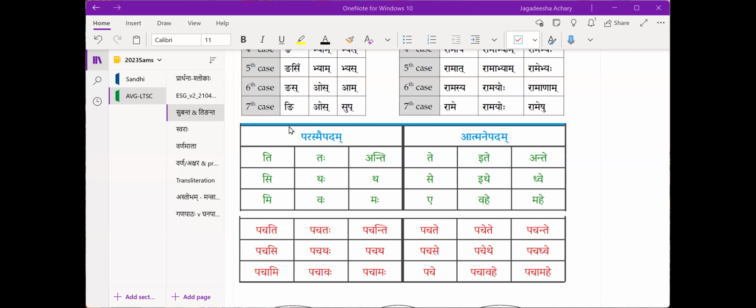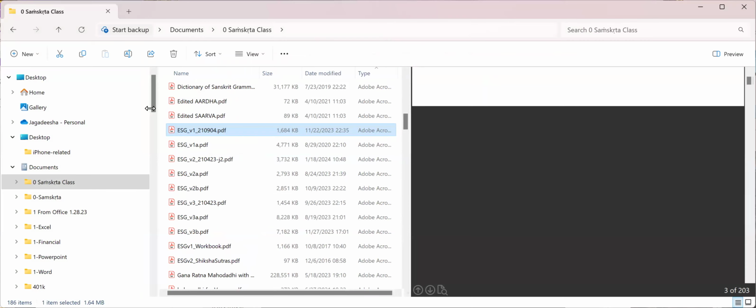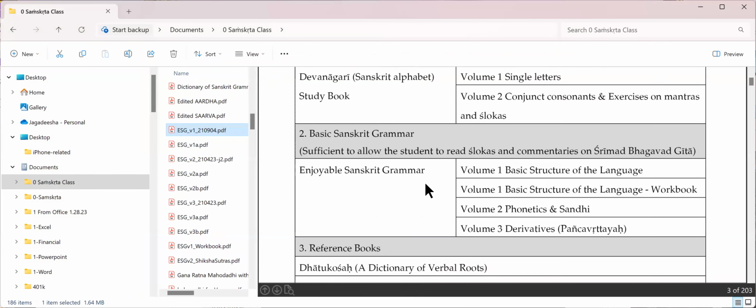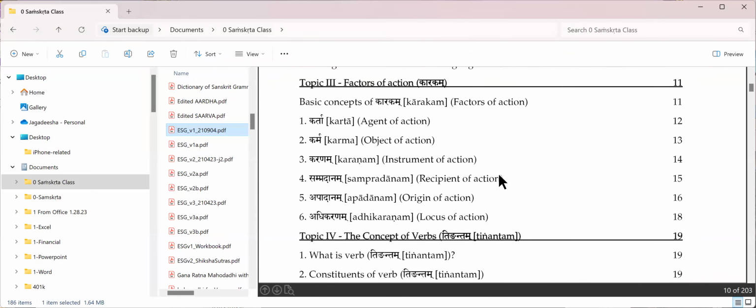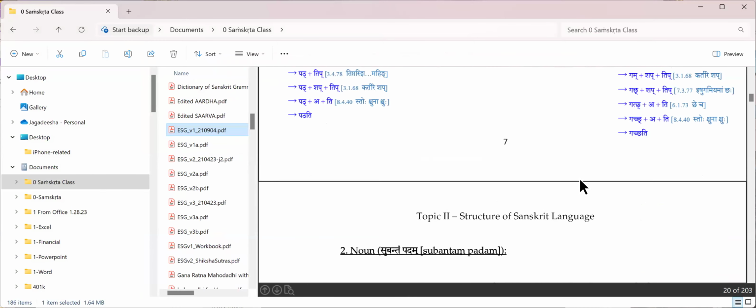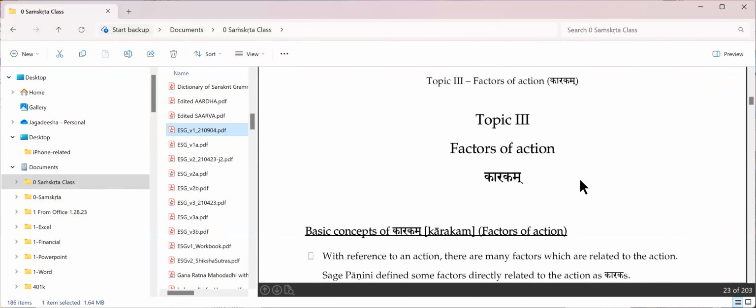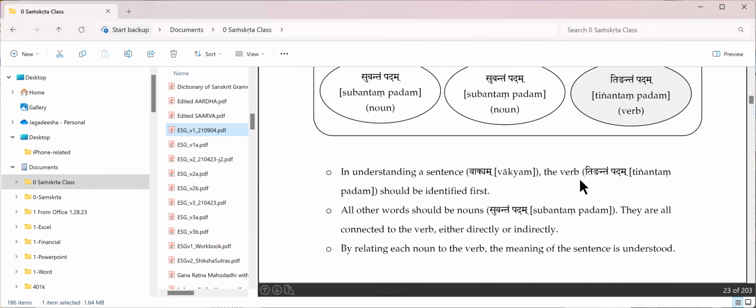Let me new share. Do you see my other screen? Yes. Okay, here it is, page 9.